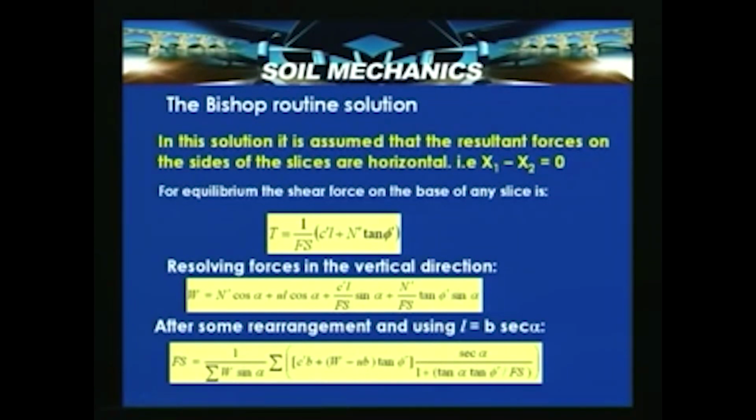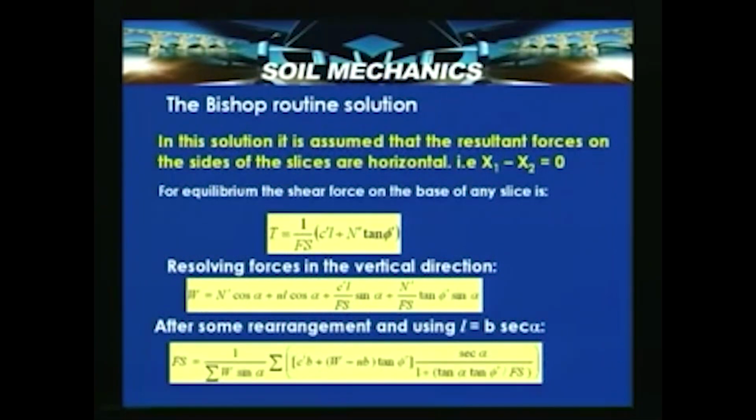Manual calculations are difficult here, but they are possible for Fellenius method of slices, even if the soil strata has up to 5 soil layers. But for Bishop's routine solution, considering the involvement of iterations, a computer program is recommended.